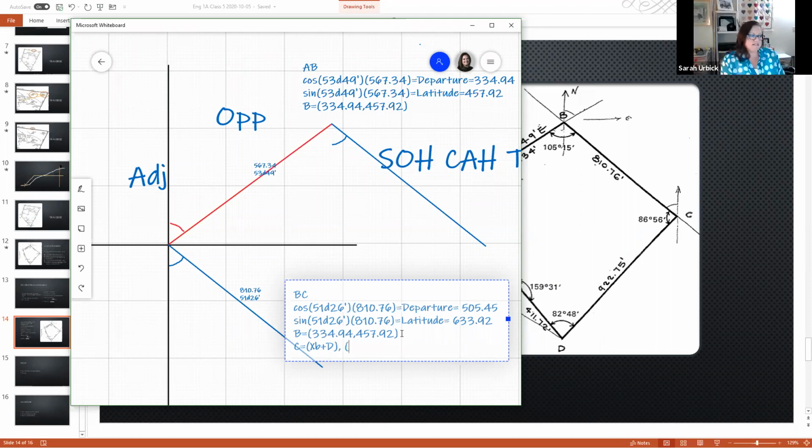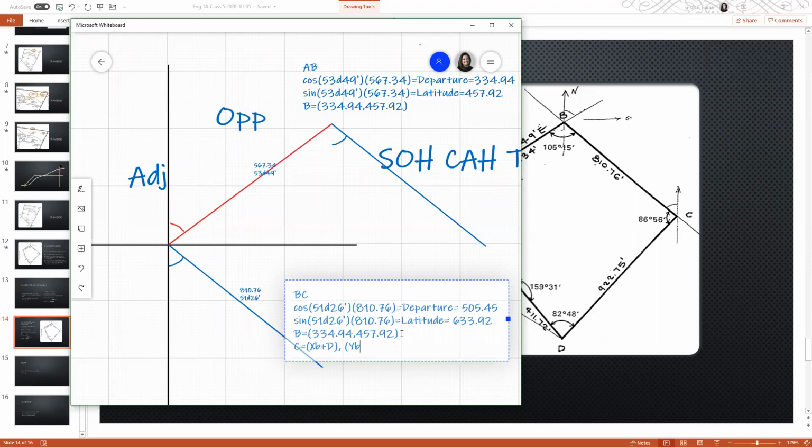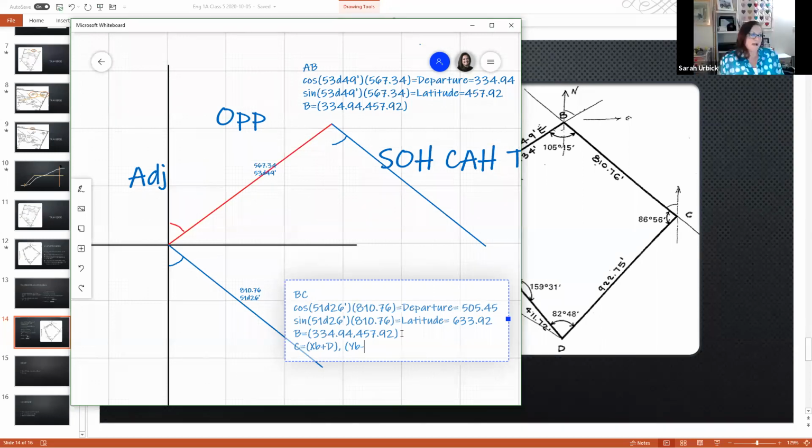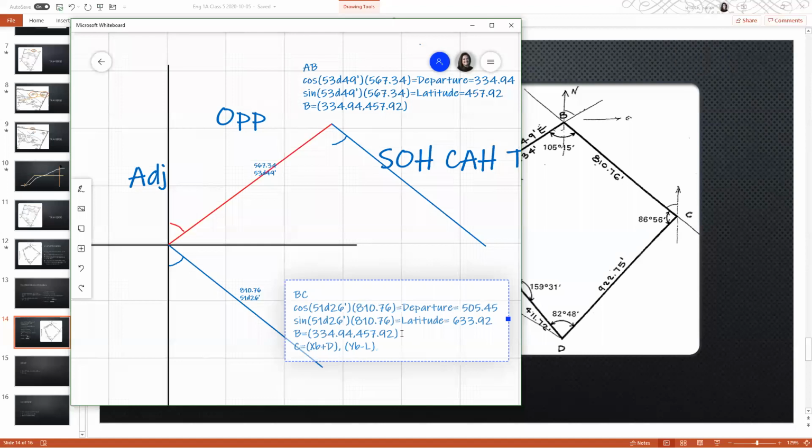And then my second point is my y coordinate at B, but because I'm headed south, I'm going to subtract my latitude at B. Okay.